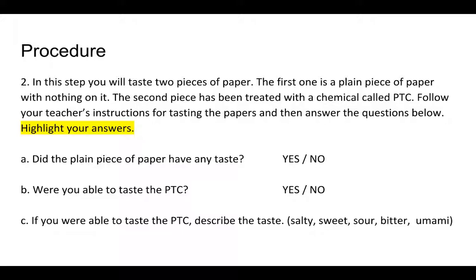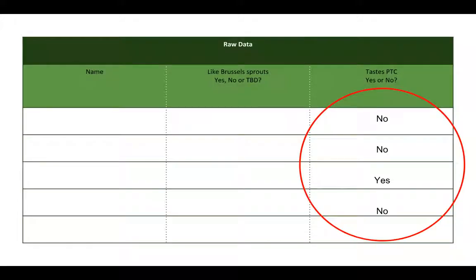This could be either yes or no, depending on your genes, or if you have inherited that trait. If you were able to taste the PTC, describe the taste: salty, sweet, sour, bitter, or umami. I'll read it to you later.